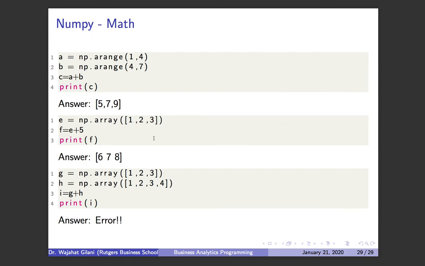NumPy array does not mess around with that. And some of you like that because it makes your exam so much simpler. If it's a container on container mathematical calculation of some sort and the dimensions are not exactly the same, you will get an error. Whereas in R, you get a warning but you still get an answer. In NumPy, you get an error.